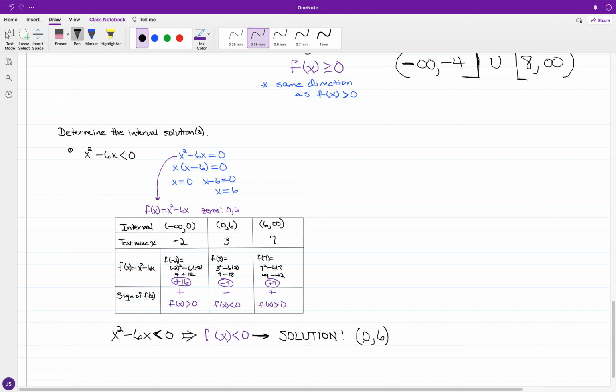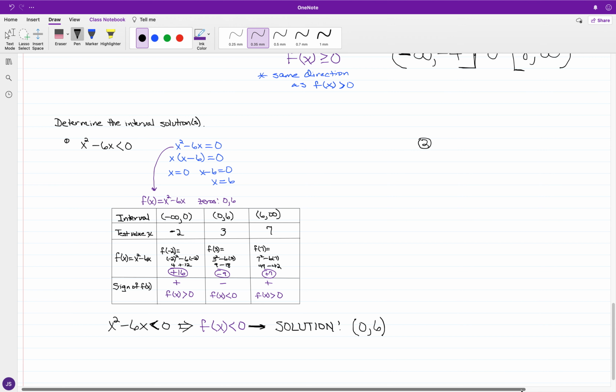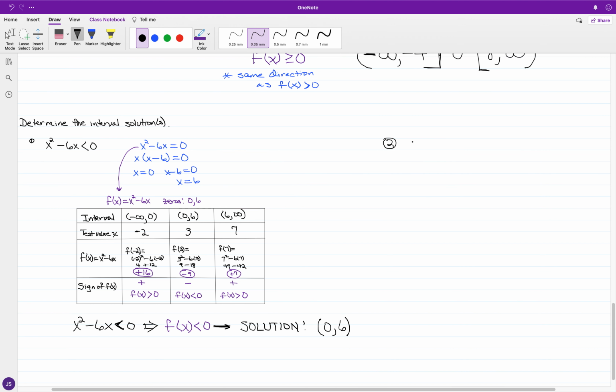Now, let's say that I have an inequality, say if I have x squared minus 3x is greater than or equal to 18. So I have x squared minus 3x is greater than or equal to 18.